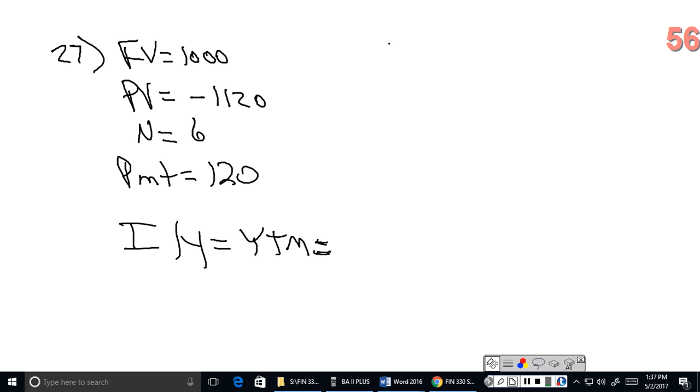28, let me go ahead and do the inputs for number 28. Number 28, what is the current price of a $1,000 par value bond maturing in 12 years, 14% coupon, semi-annual interest payments, yield to maturity of 13%? So for number 28, the future value is 1,000.